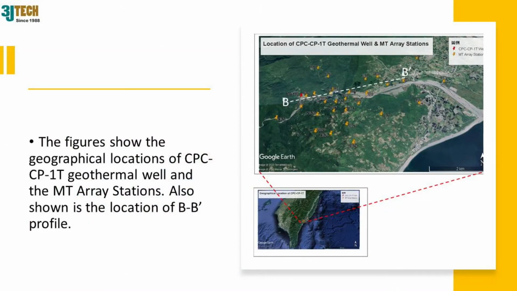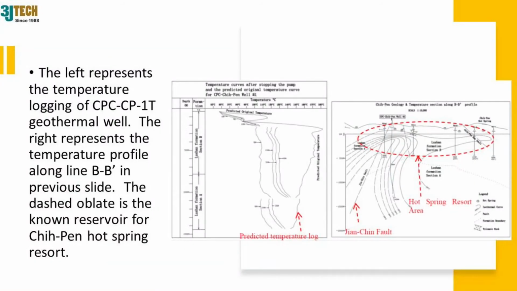Now I would like to show our MT array results compared with the drillings at Chipen Hot Spring Resort area in Taidong, east of Taiwan. This slide shows geographic locations of the MT stations, the well and the profile B to B'. This figure represents the well temperature logging data and the temperature profile BB' along east-west direction.